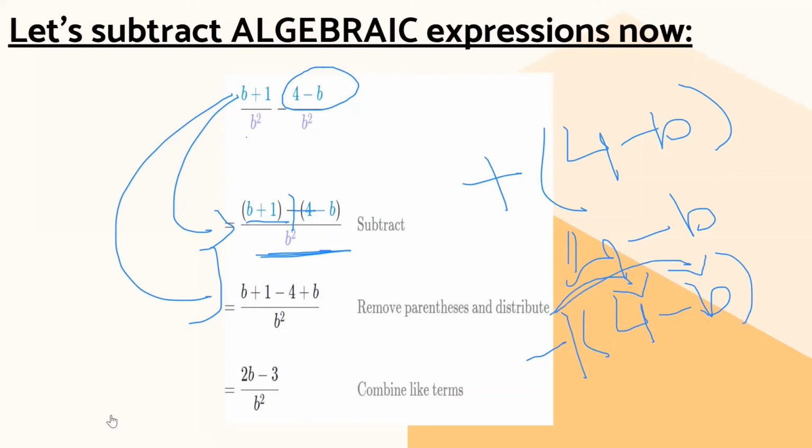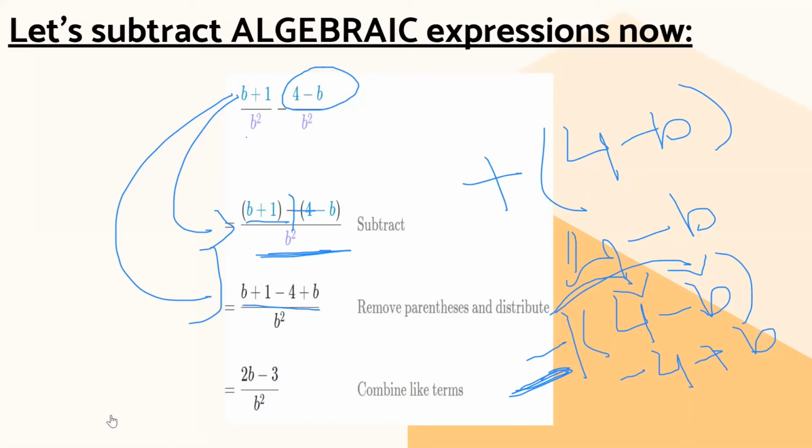So then negative 1 times 4 gives you negative 4, and negative 1 times negative b actually gives you positive b. So you guys see how the sign changes when I have a subtraction in front of the parentheses. Whatever signs you have inside the parentheses just become the opposite.